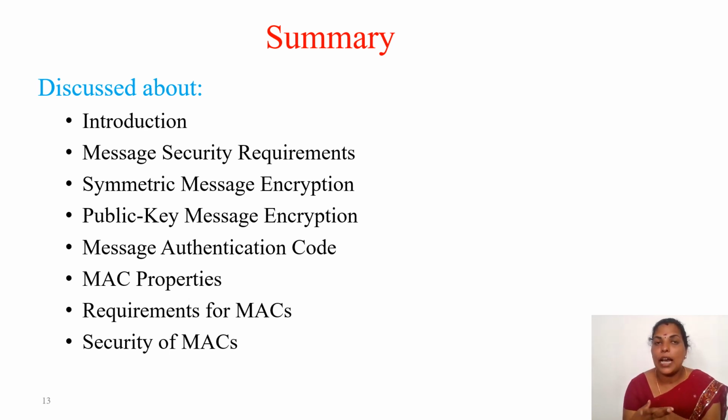Then we can provide authentication with symmetric message authentication as well as public key encryption. Then we saw what a message authentication code is. It is similar to the encryption process, but the reverse is not possible; that is, there is no decryption here. Then we saw the MAC properties, the requirements for MACs, and the security of MACs against brute force attacks as well as cryptanalytic attacks.